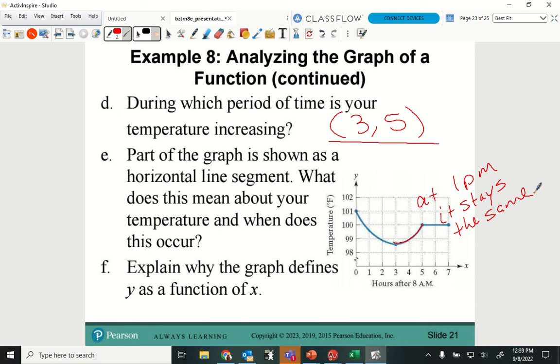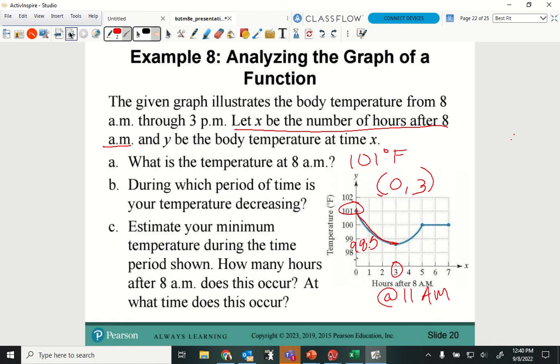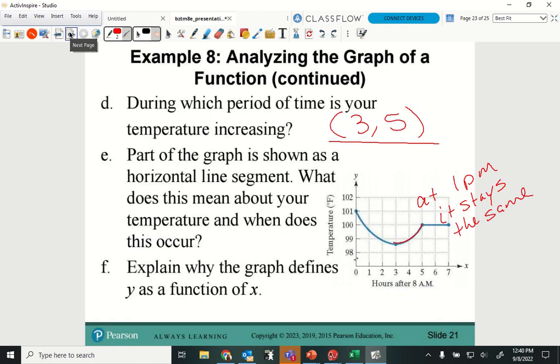Now, this last one, part F, explain why the graph defines y as a function of x. Is this the function? Right here, is it a function? I'm looking for vertical lines, right? Is it a function? Yes, it is. It is a function.